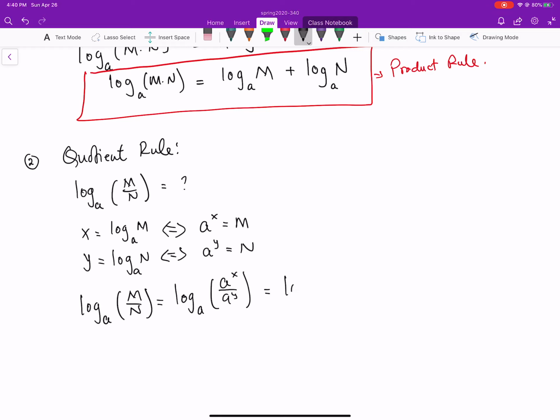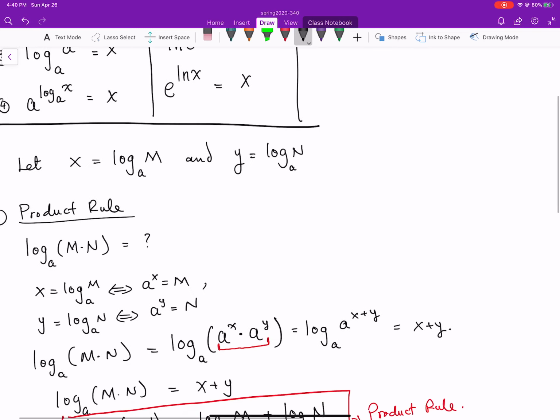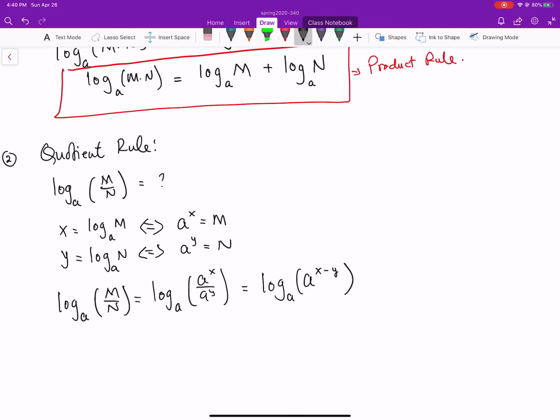So in this case, I end up with log a of a to the x minus y. Now, if you go back to property number 3 one more time, log a of a to the x is equal to x. So similarly, as we did with the product rule, log a of a raised to the x minus y becomes what? x minus y.